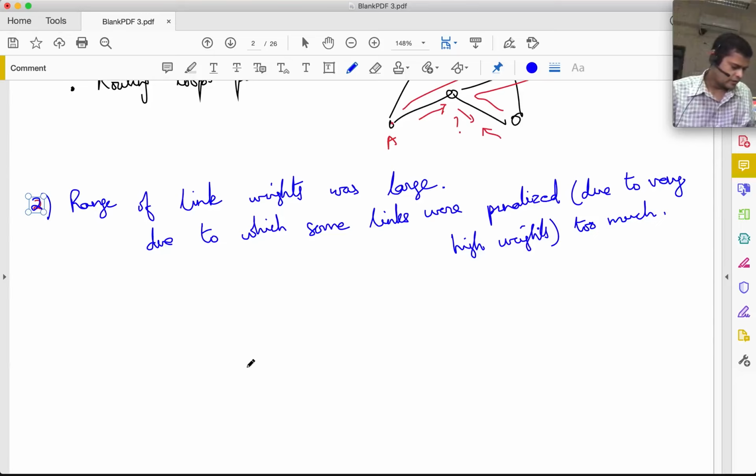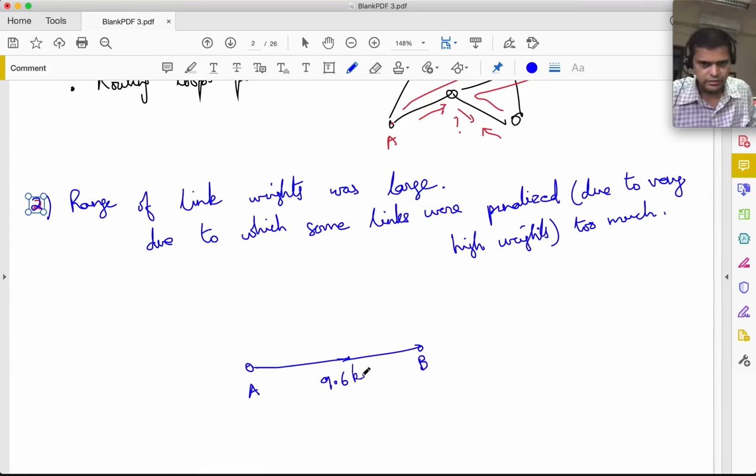Suppose there is a path here between two nodes. Let's say there is a direct link. This is like a toy example. This is 9.6 kilobit per second. And suppose there was another path consisting of many 56 kbps links.